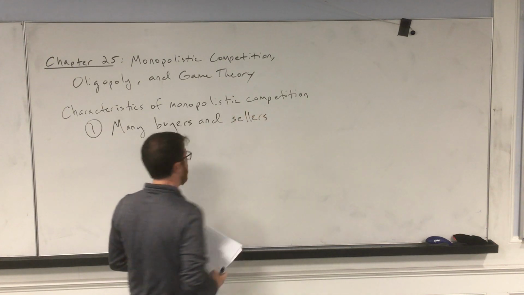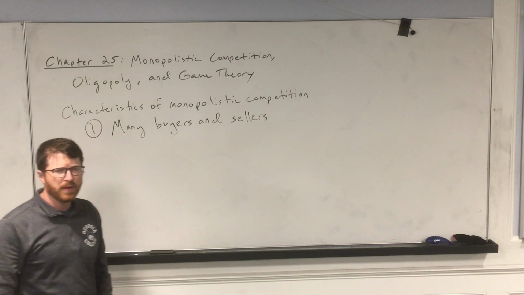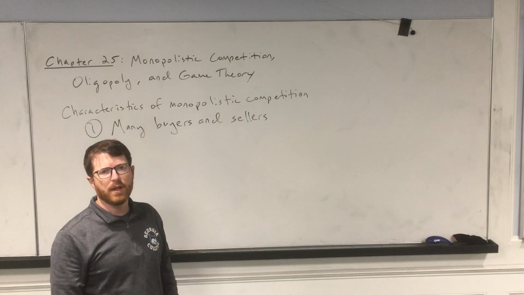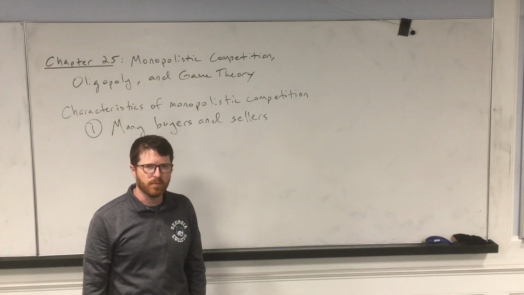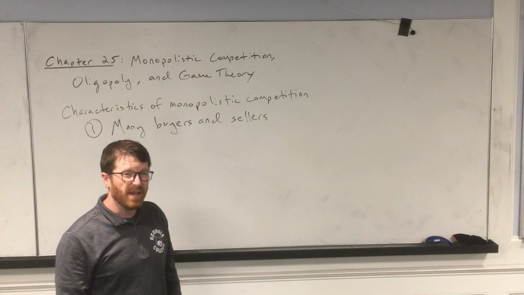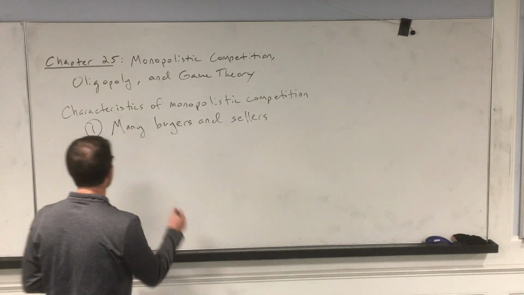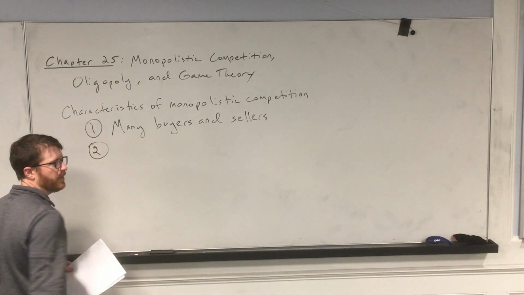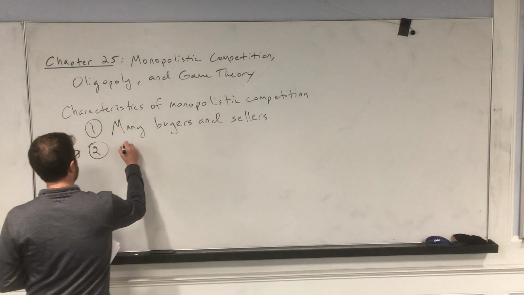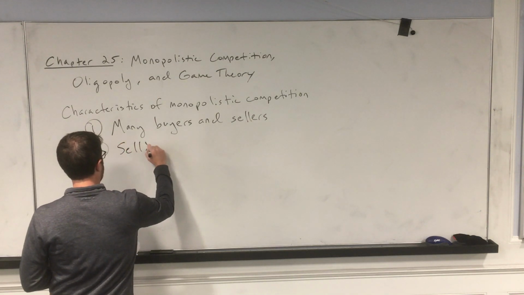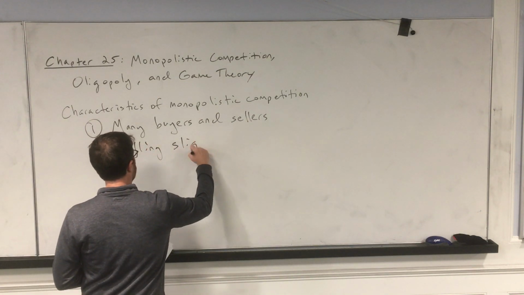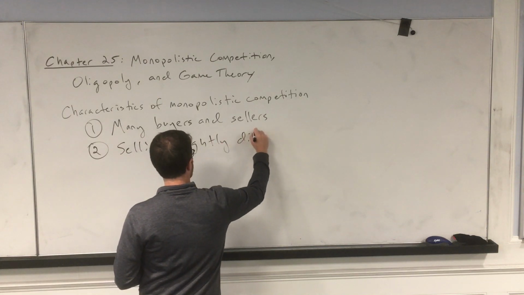The first is that there are many buyers and sellers. So like perfect competition, there are lots of producers and lots of consumers of these goods. But the big dividing line here compared to perfect competition is that the producers are selling slightly differentiated products.